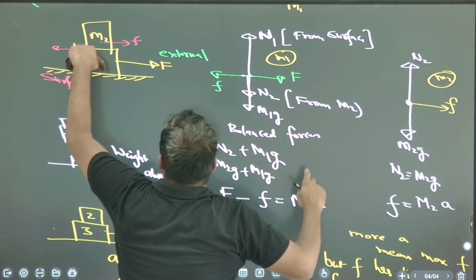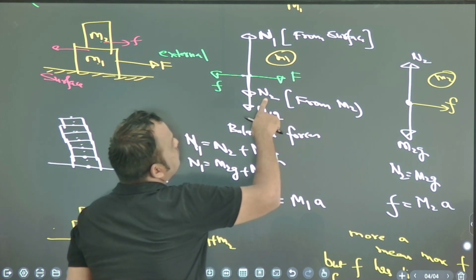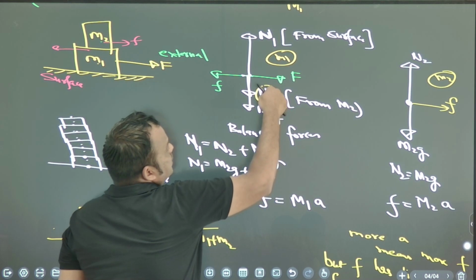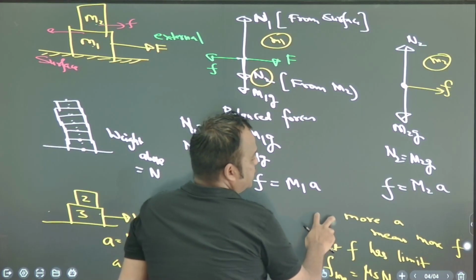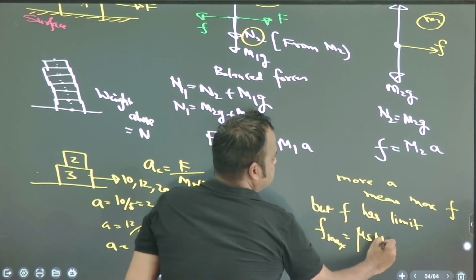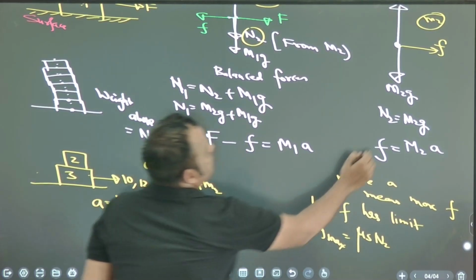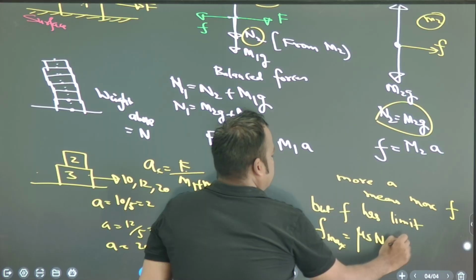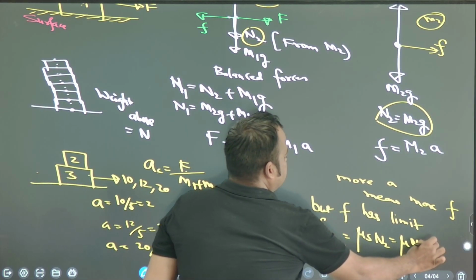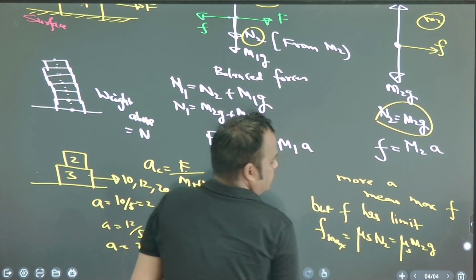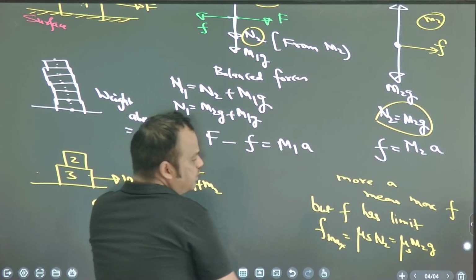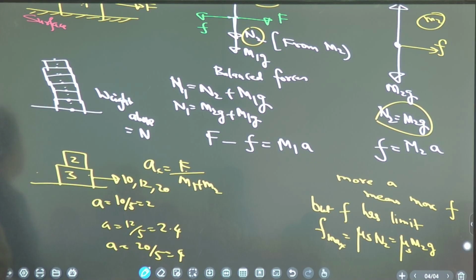The normal between blocks. What is normal between blocks? N2. Okay. So friction has limit mu s N2. And what is N2 value? m2g. So the maximum value of friction is mu s m2g. Okay, clear?